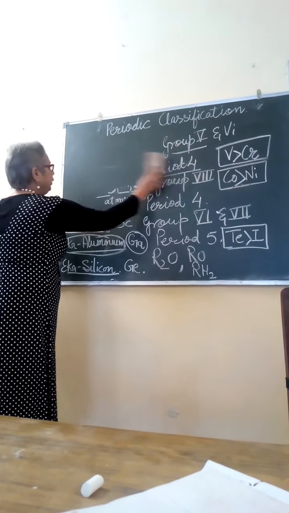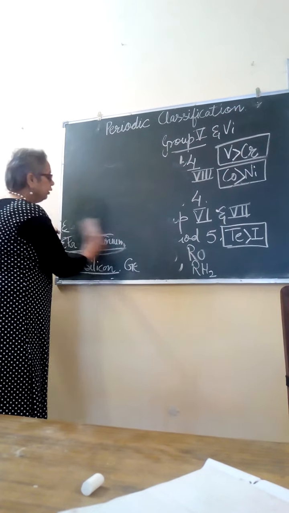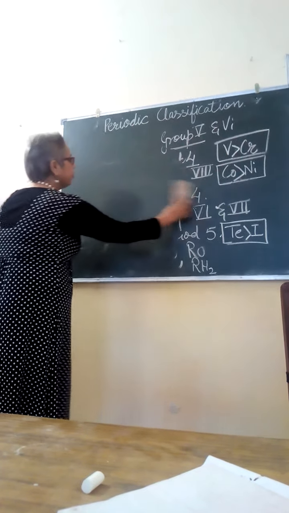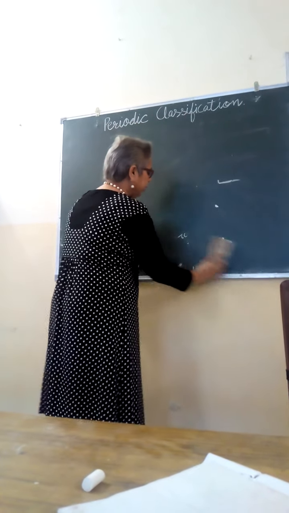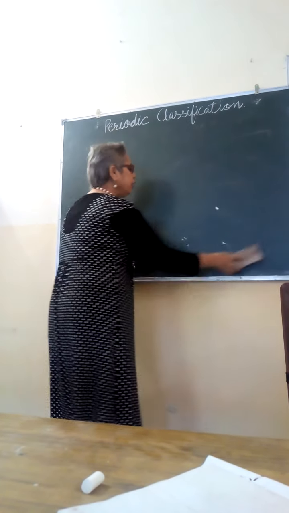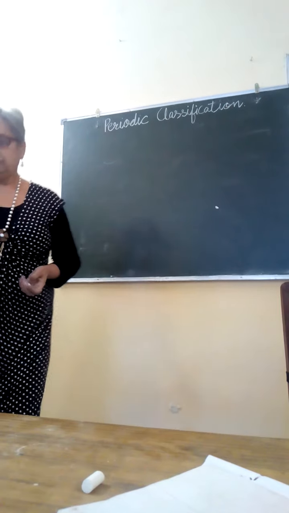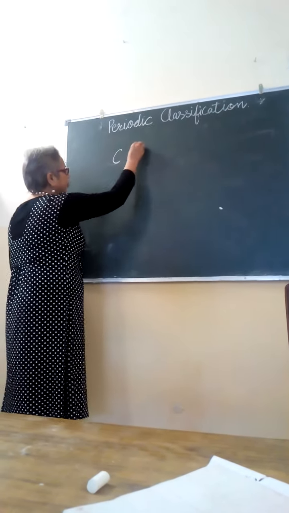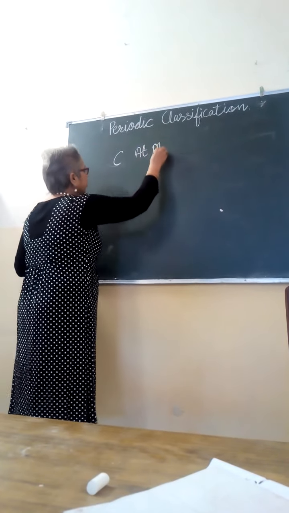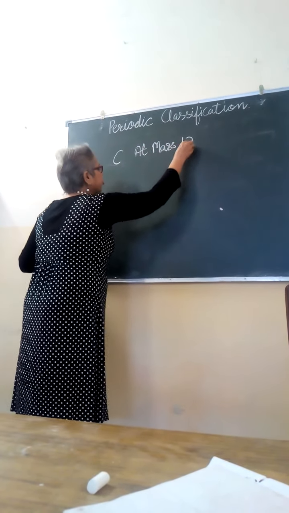Now what happened was that when isotopes were discovered, okay, now you see he gave one position to carbon, one position to chlorine on the basis of atomic mass of carbon, which was taken as 12.